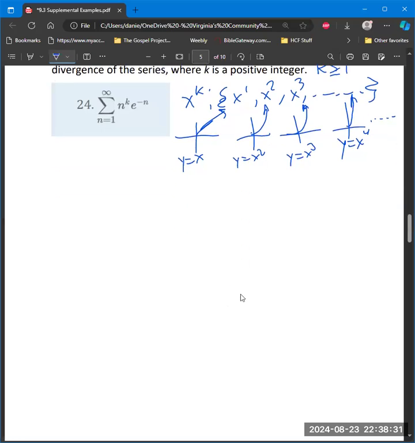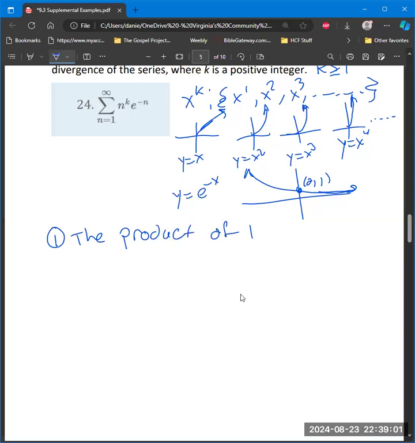And then let's look at this other part: y equals e to the negative x is like this, backwards, through 0, 1, like that. So these are always positive numbers, and these are always positive numbers here. So the product of two positive numbers is always positive.